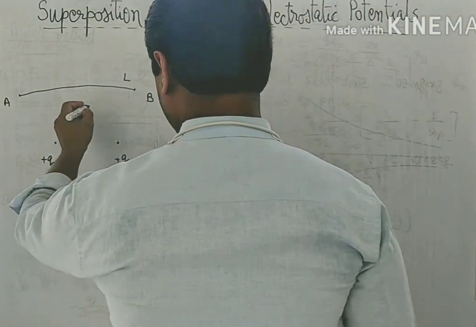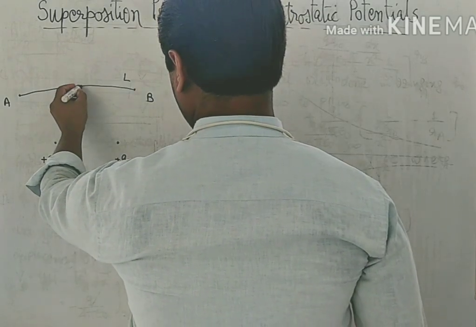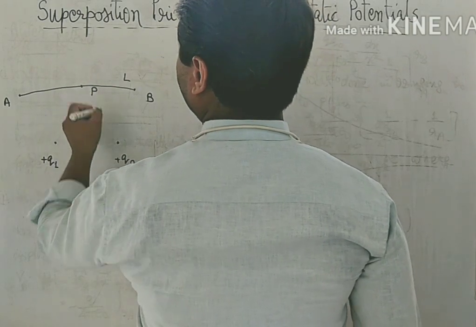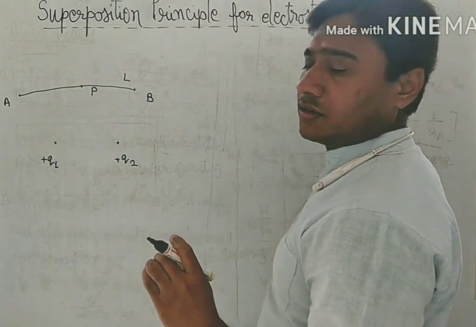Now here at point P on this curve L, we want to have the electrostatic potential.